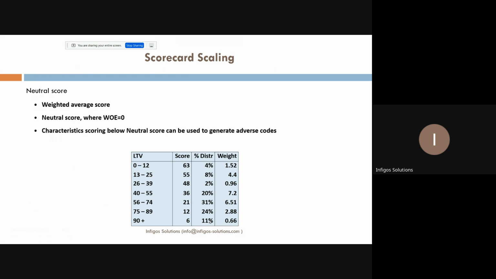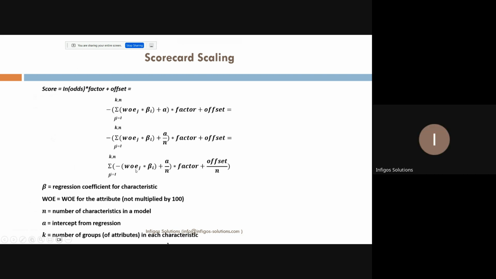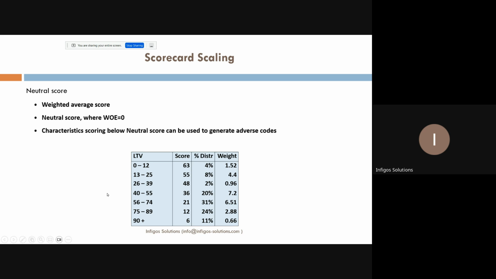And let's talk about the neutral score. Neutral score is a score where all the weight of evidence values are 0. If you put 0, it will become offset minus factor into a by n, and this term will become 0. Right? Yes. Sir, in the previous equation, why has A been divided by n?